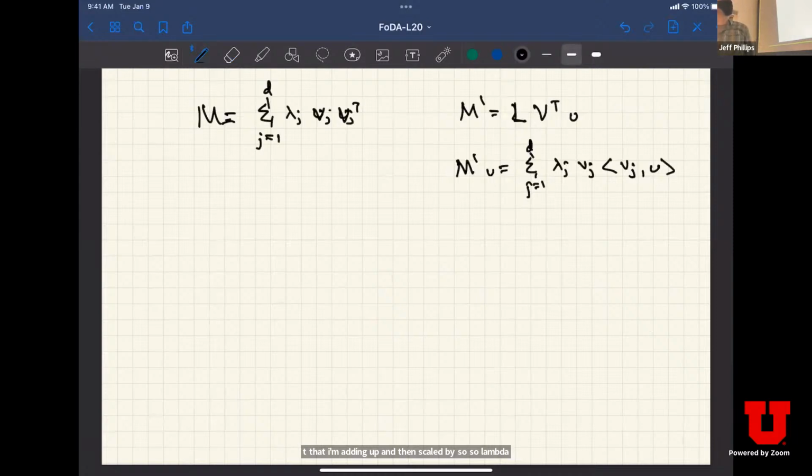And so what's going to happen is that the components along the directions with the larger lambda j are going to get stretched out more. And as I keep doing this over and over again, they're going to get stretched out more and more.